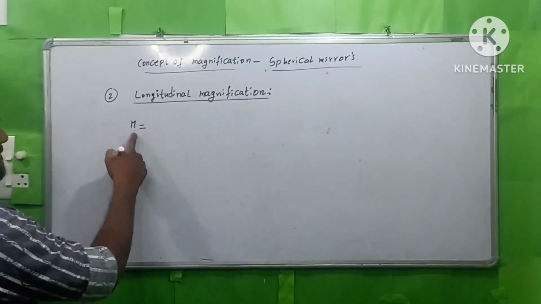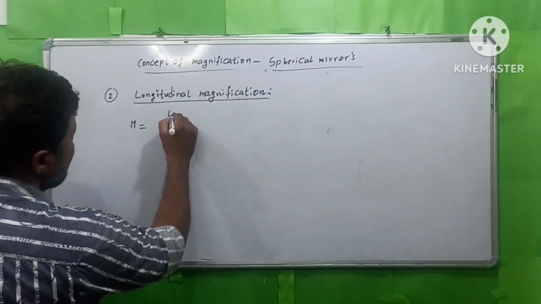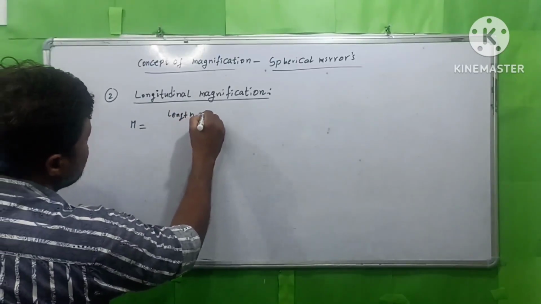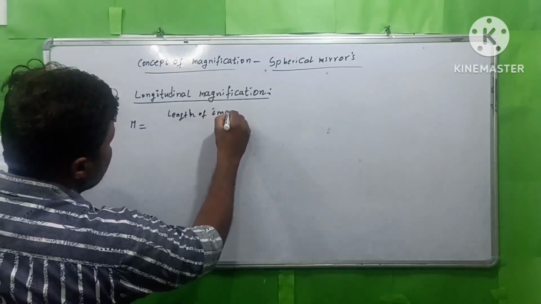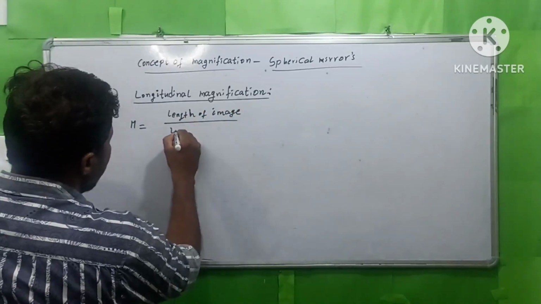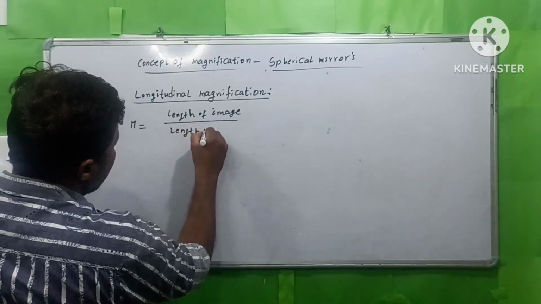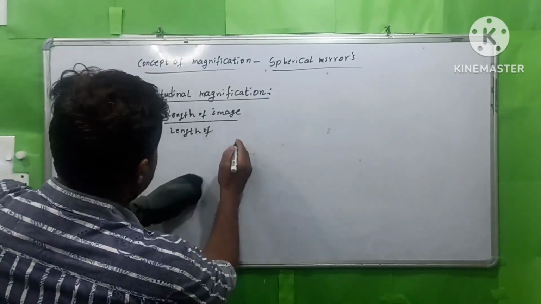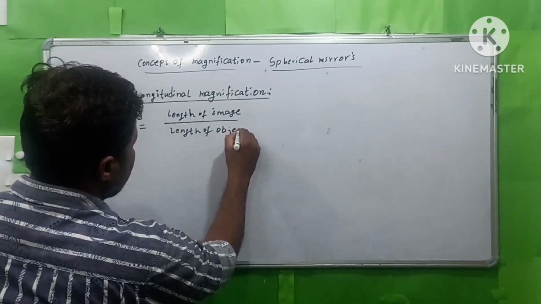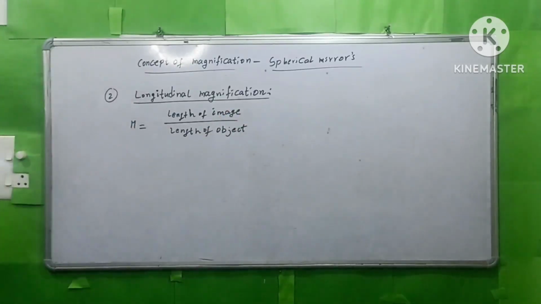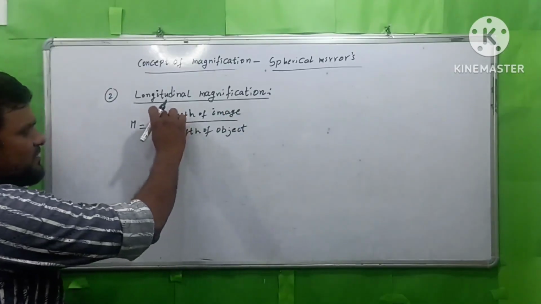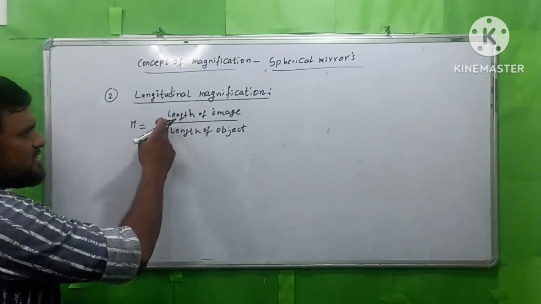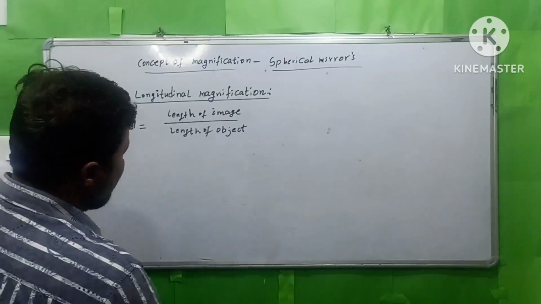Here, magnification is defined as length of image unto the length of object. Length of image by length of the object. Actually, size of image unto the size of object. Here, size means length along the principal axis.